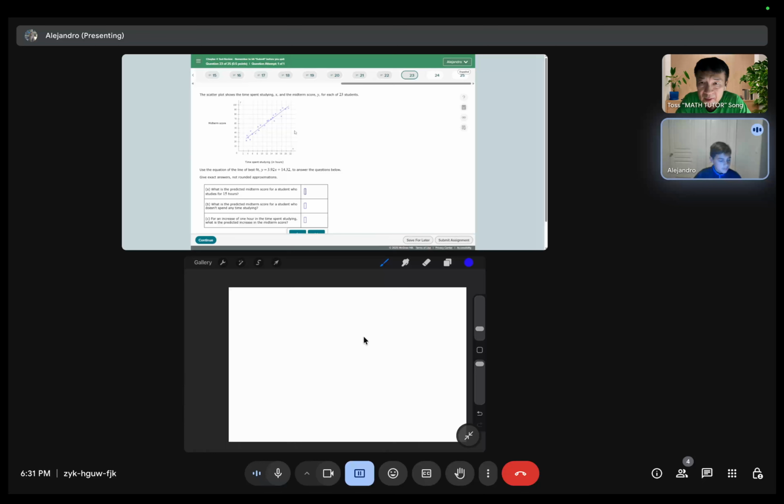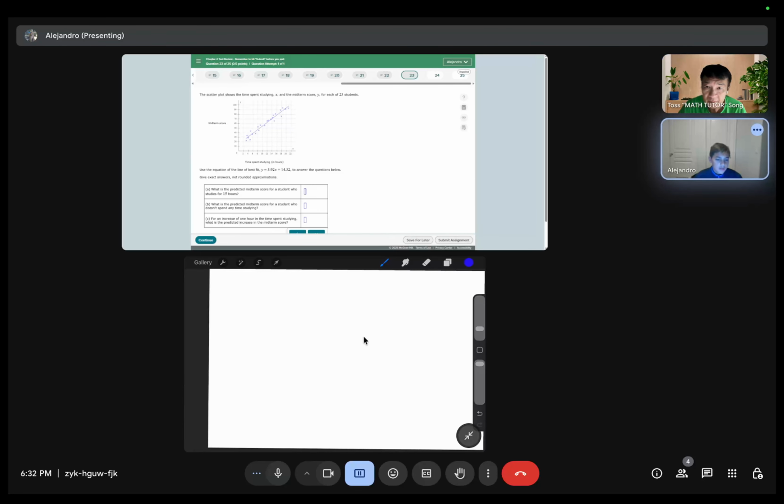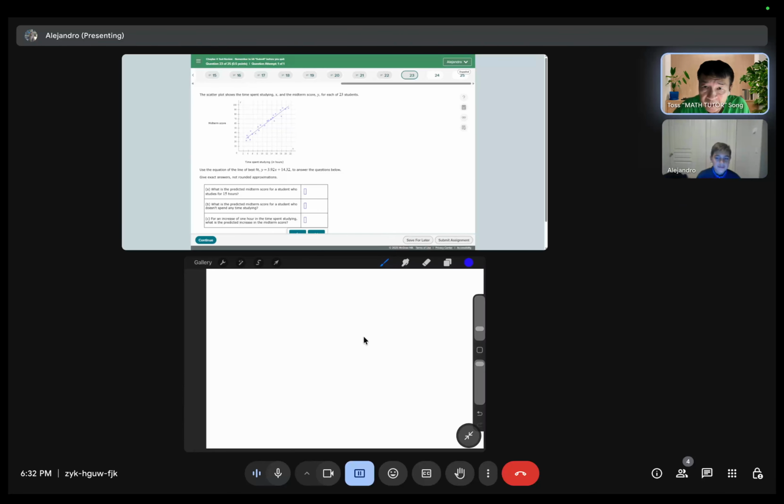Okay, same idea here. They do give you the best fit line. What is the predicted midterm score if a student studied for 15 hours? Now, you don't want to actually look for the point. They gave you the equation. So the hours is the X value. Double check, you see it's like hours there. That means the Y will be the midterm score.